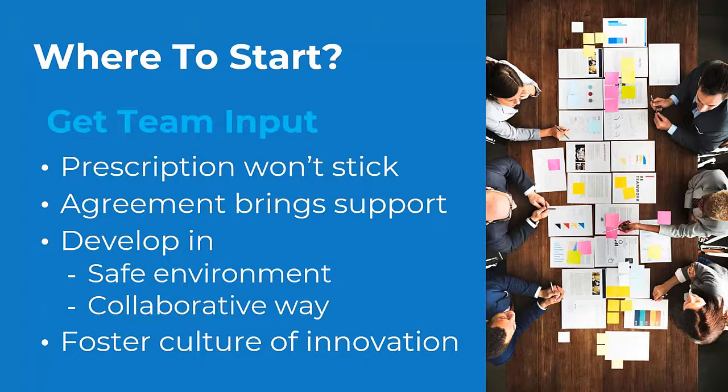So you want to ensure that this kind of work is taken seriously, developed in a safe environment and in a collaborative way. Once it is developed, you foster a culture of innovation through events where community members can engage and share, as well as committing to the plan.